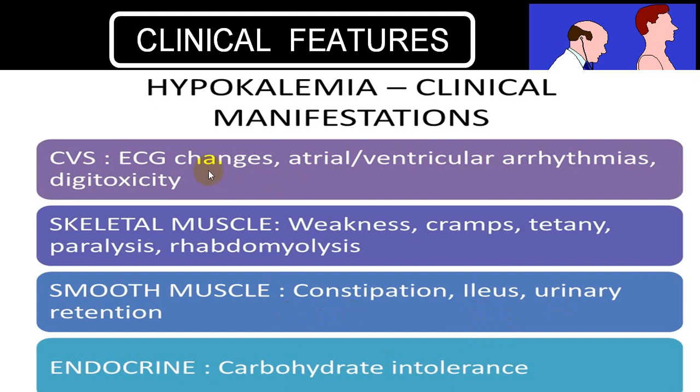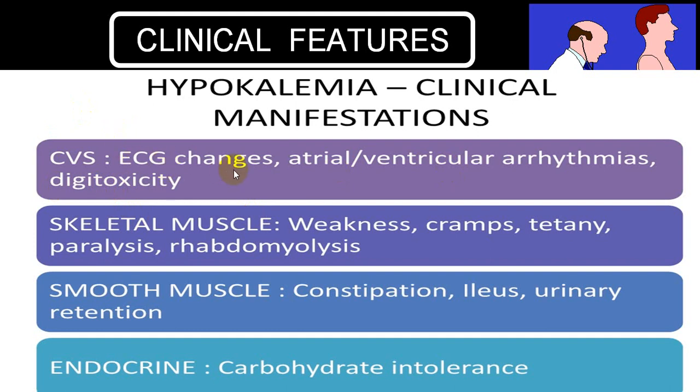As far as ECG changes are concerned, because of hypokalemia, you will have changes in the ECG and the person can develop atrial arrhythmias like atrial flutter, fibrillation, ventricular arrhythmias, and if on digoxin can develop digoxin toxicity, and digoxin excess can also produce hypokalemia.